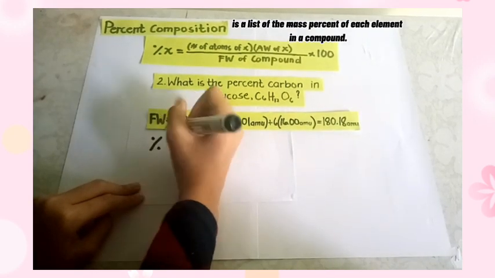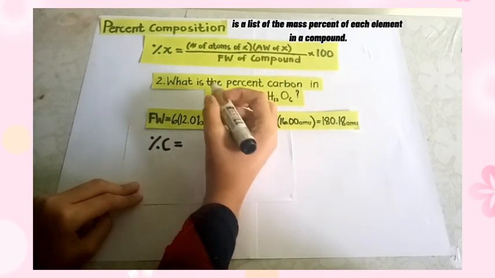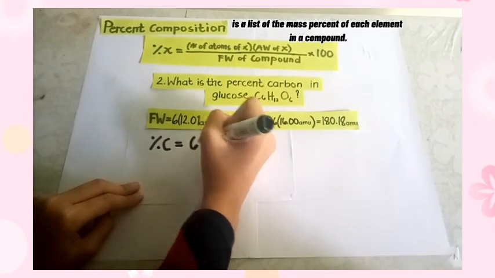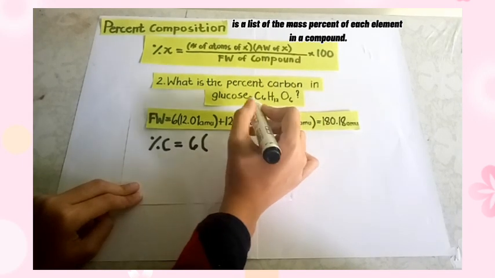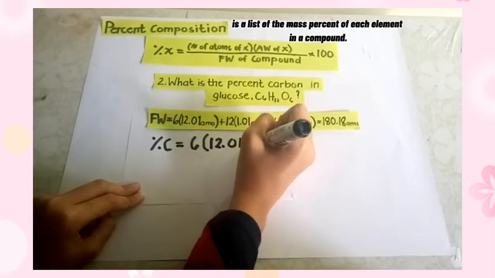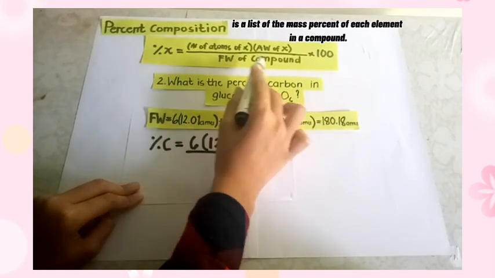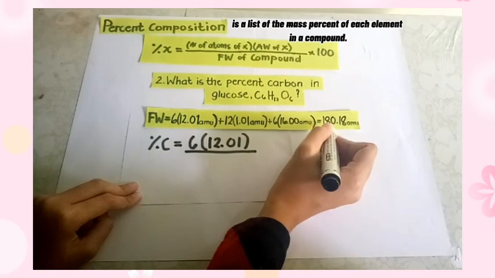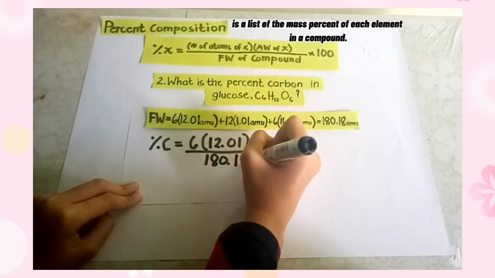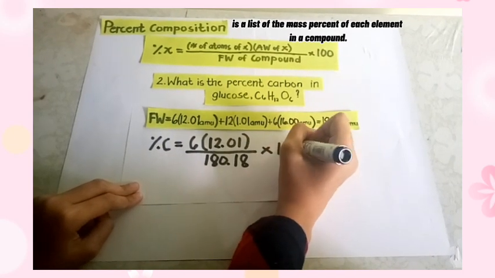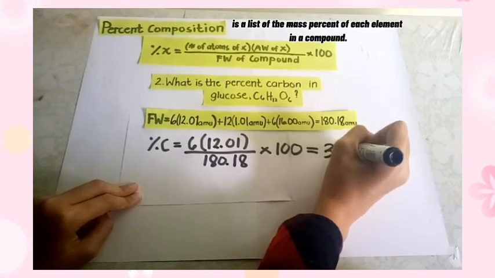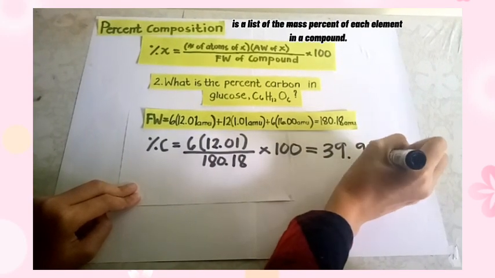So the percent of carbon is equal to the number of atoms of carbon, which is 6, times its atomic weight, which is 12.01, over the formula weight of our compound glucose, which is 180.18, times 100, which is equal to 39.99%.